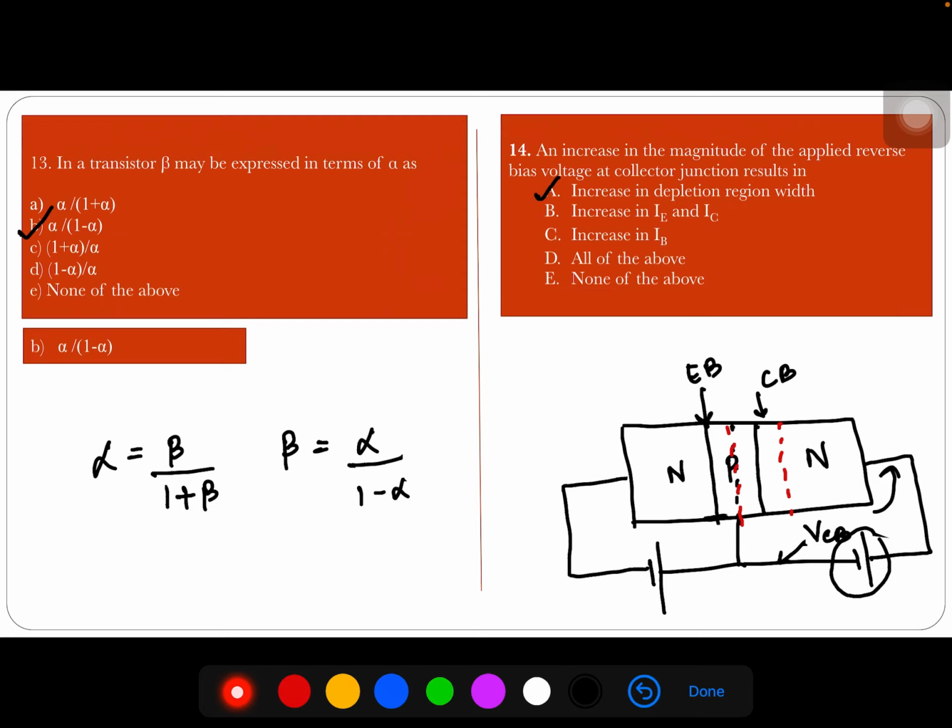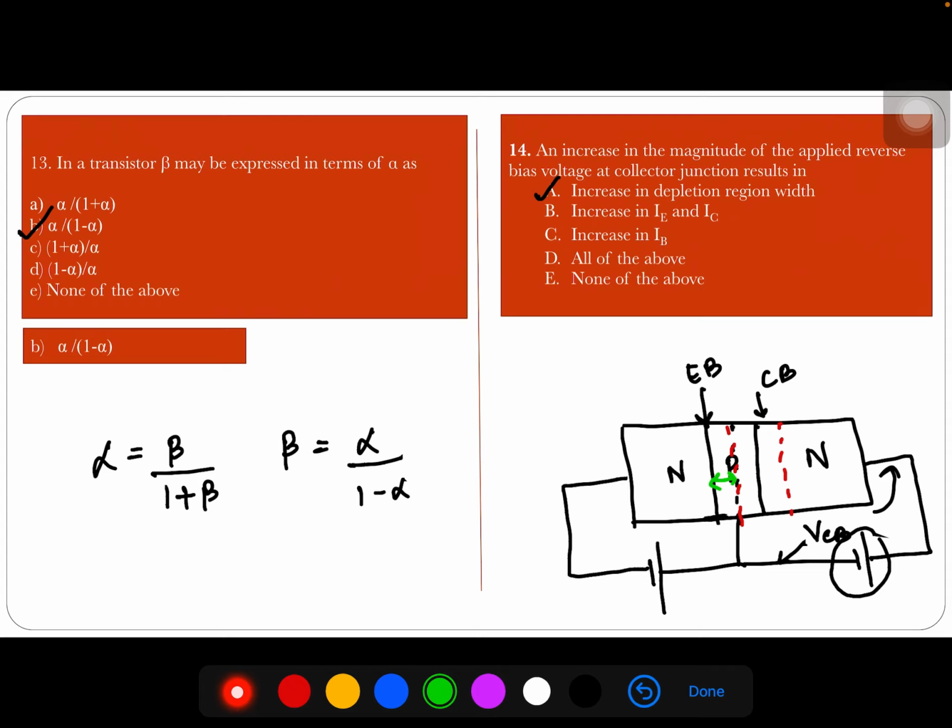Yes, that is also true because when the depletion layer width increases, the effective width of base where recombination can take place will decrease. Because in the depletion layer, there are no charge carriers, so no recombination can take place. So the effective width of base where recombination can take place only remains this much, that I am showing with green pen.